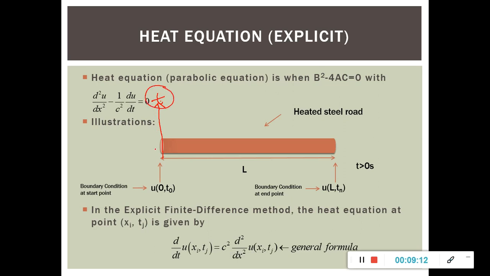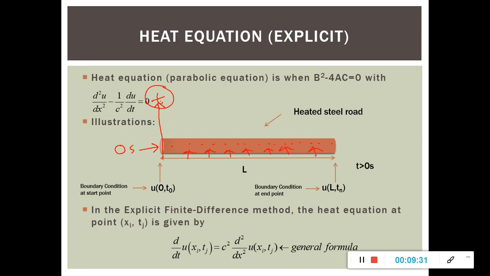Basically, this is your initial condition, when the time is 0 seconds. You have a steel rod with a certain temperature, and you have to determine the temperature at specific points throughout this steel rod.